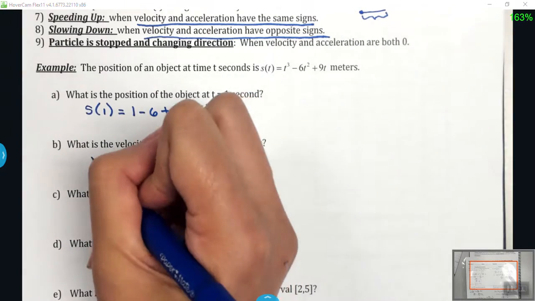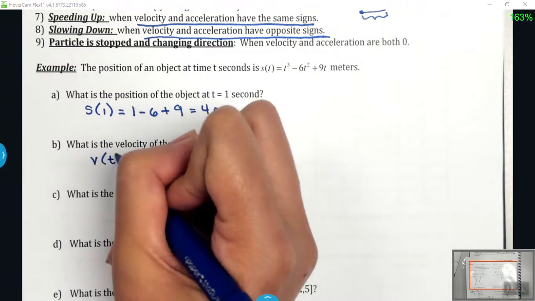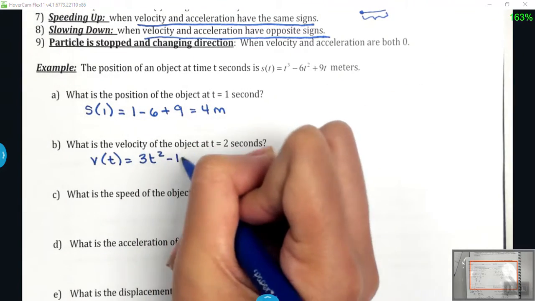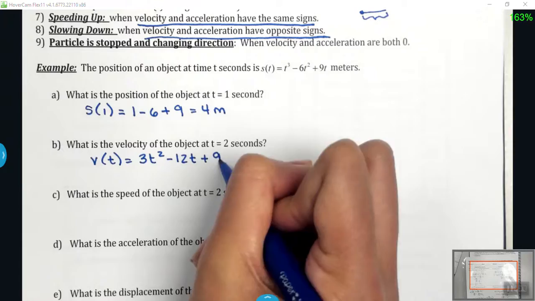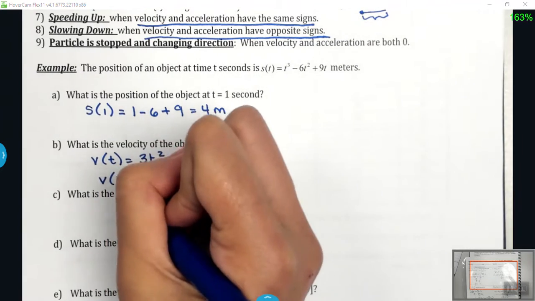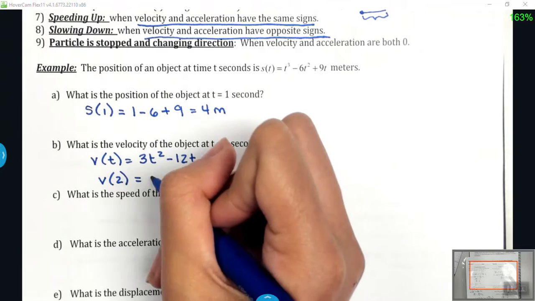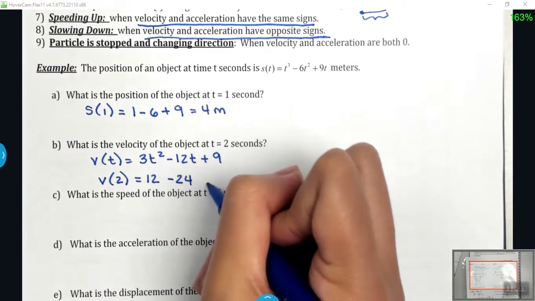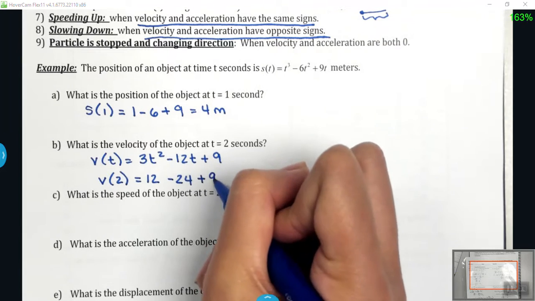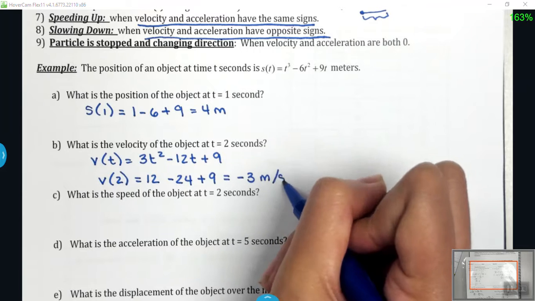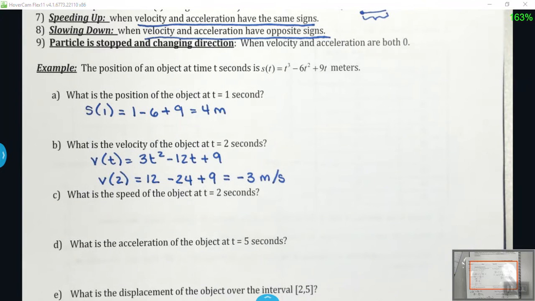Velocity, I have to take the derivative. So that would be 3t squared minus 12t plus 9. And then I want my velocity at 2. So v of 2 is 12 minus 24 plus 9, which is negative 3 meters per second.